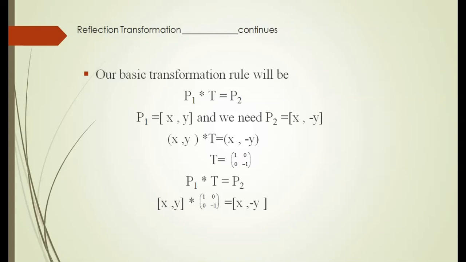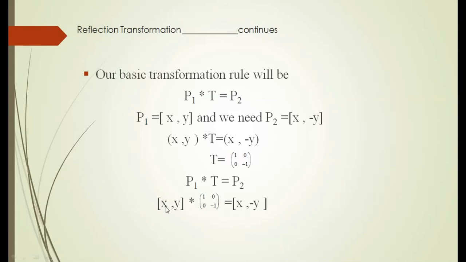T will be [1, 0; 0, -1]. So P1 into T is equal to P2, where P1 is the original coordinate and T is a matrix, and by using this matrix we get the desired result, that is (x, -y). By using this formula we get our desired result.